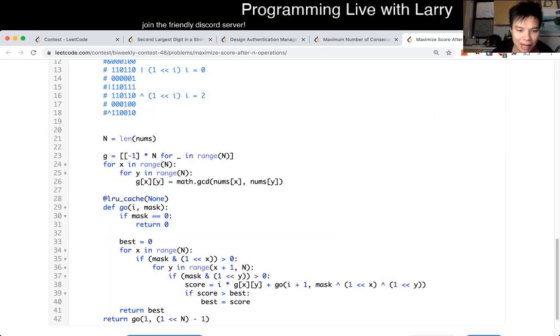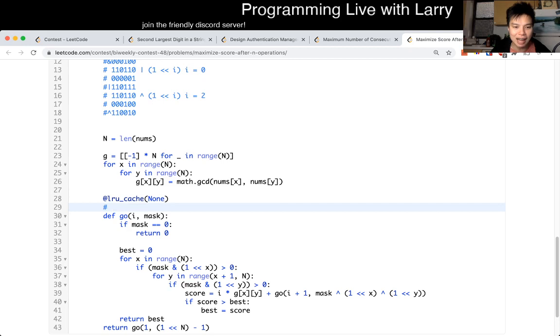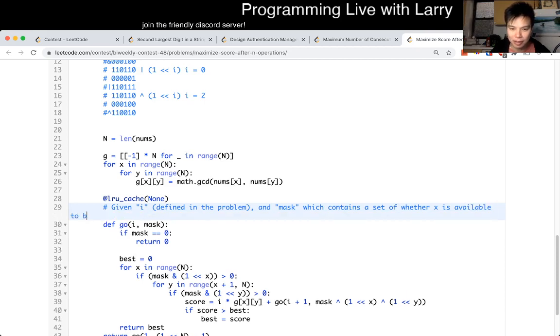So basically, this is my recursive dynamic programming function, and it's basically saying, okay, given i, and i is defined in the problem, and mask, which contains a binary table, or basically contains a set of whether x is available to be used.